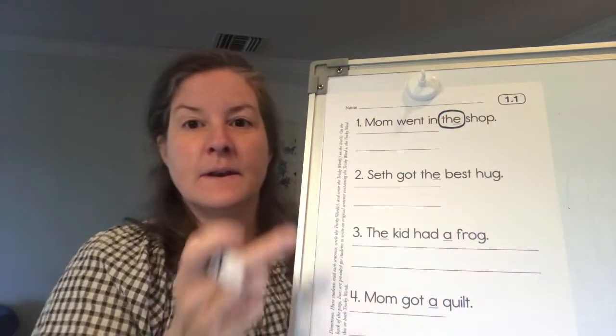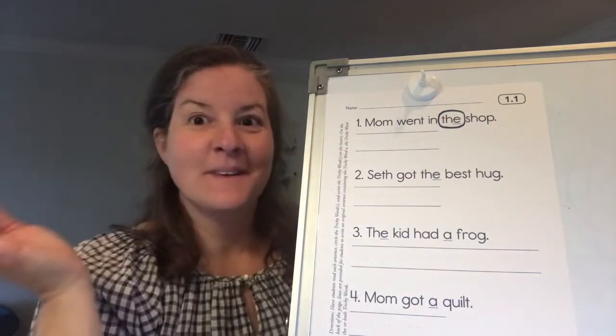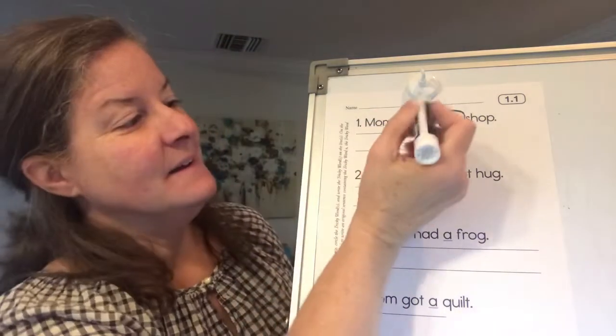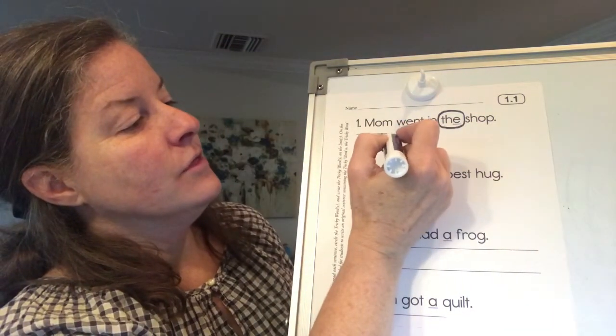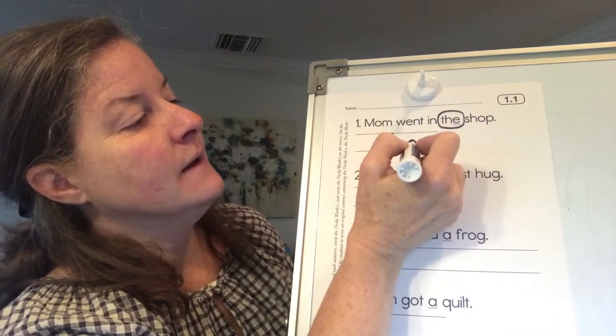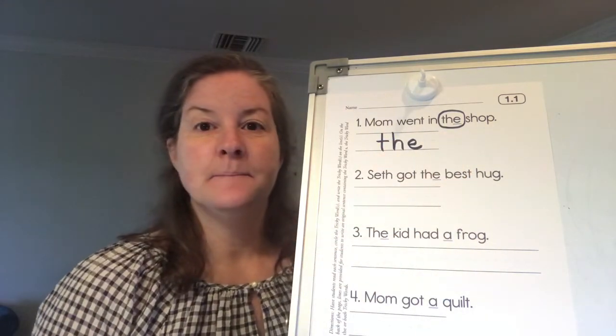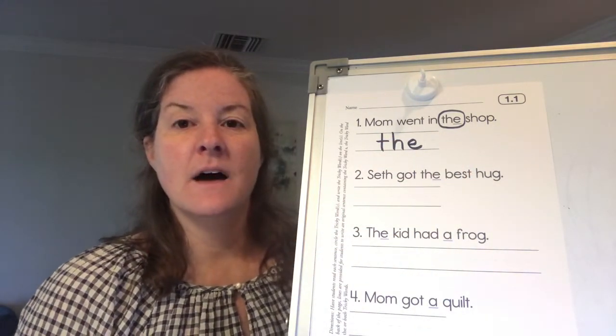And then what do you think I'm going to do with these lines right here? Of course, I'm going to write the word on the line. Here we go. The. Just like that. Mom went in the shop.